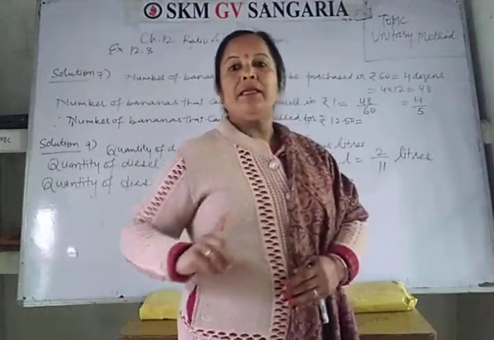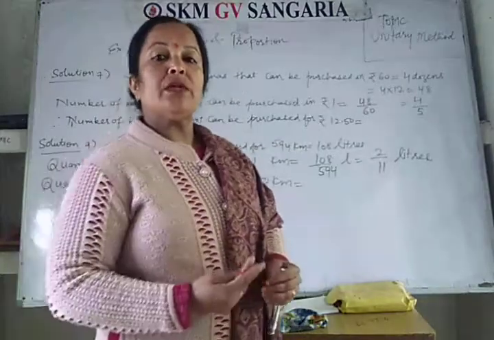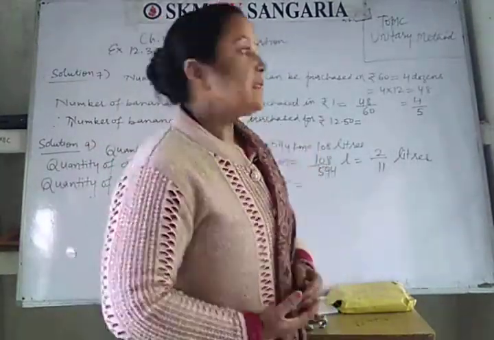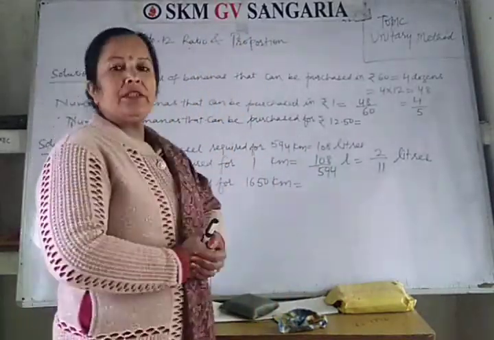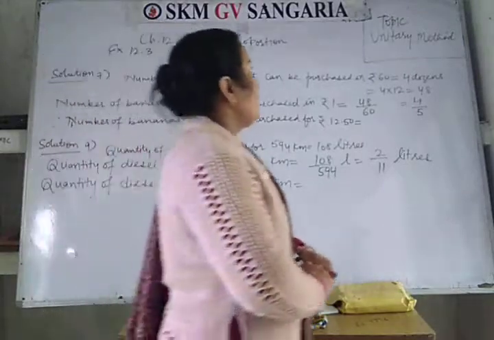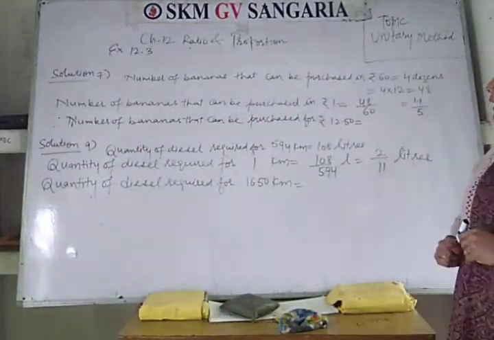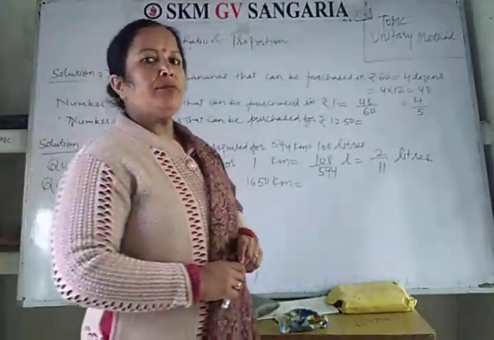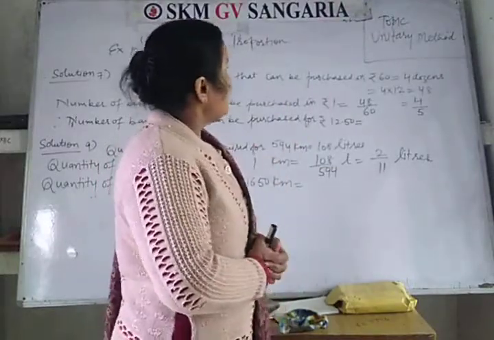One dozen में कितनी होती है चीजें? 12. जैसे नोटबुक्स डजन्स में मिलती हैं, बनानास डजन्स में मिलते हैं, पेंसिल्स. So 4 will be multiplied by 12 because we are going to get the number of bananas in 4 dozens.